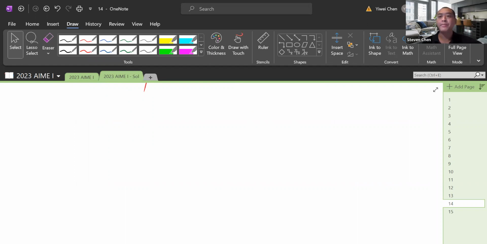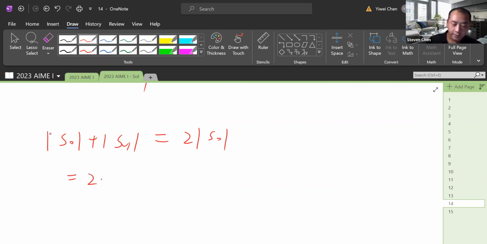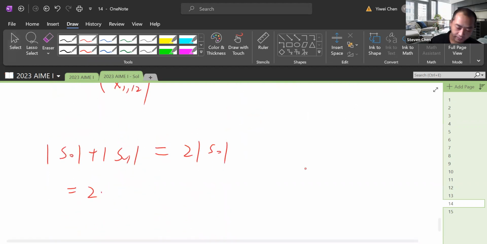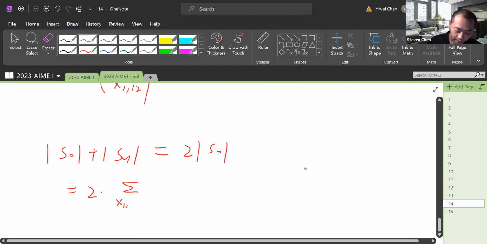All right, so after identifying all these properties, now we are ready to get the answer to this question. Recall that we separated the entire set of sequences into two categories in terms of the remainder of the last entry divided by 12. And we have shown that they have the same cardinality. So we just compute this one. First, we can do casework in terms of the value of x sub 1,12.